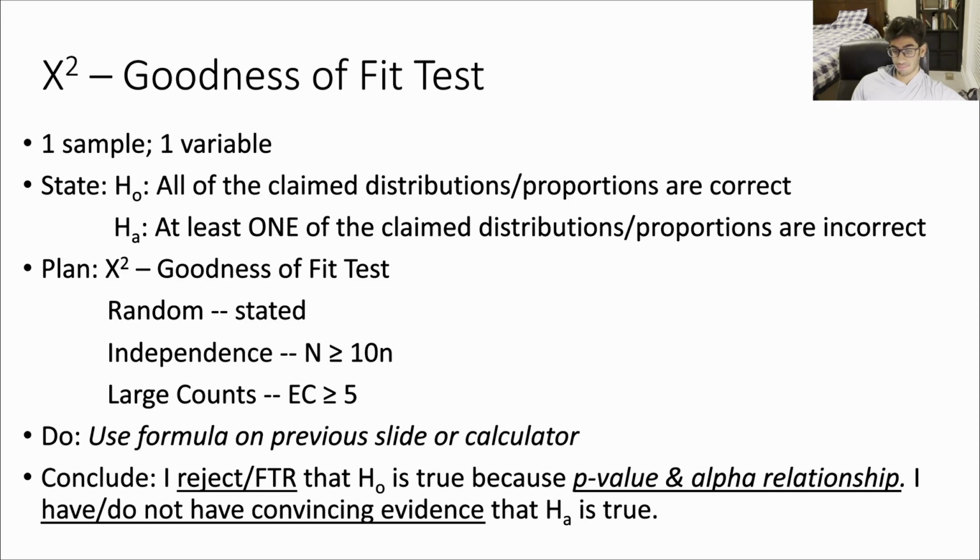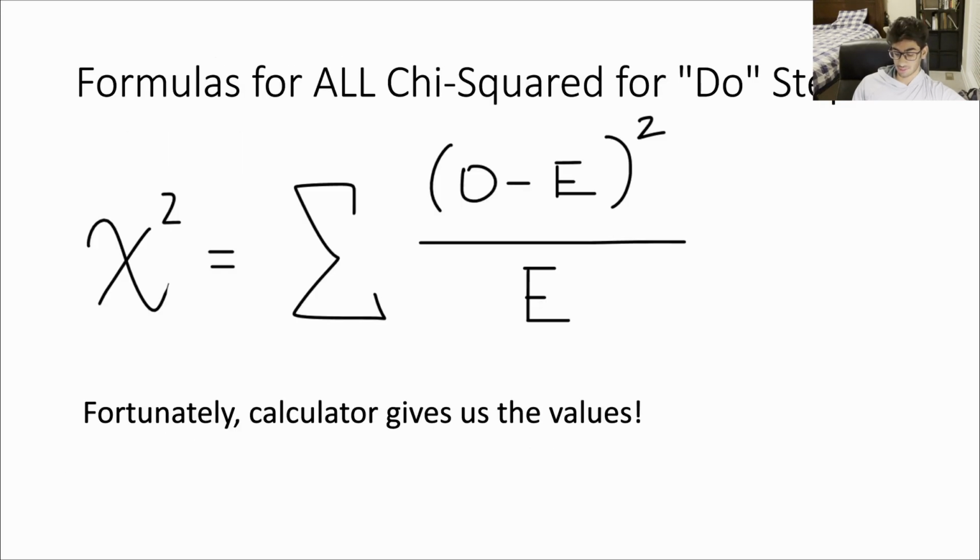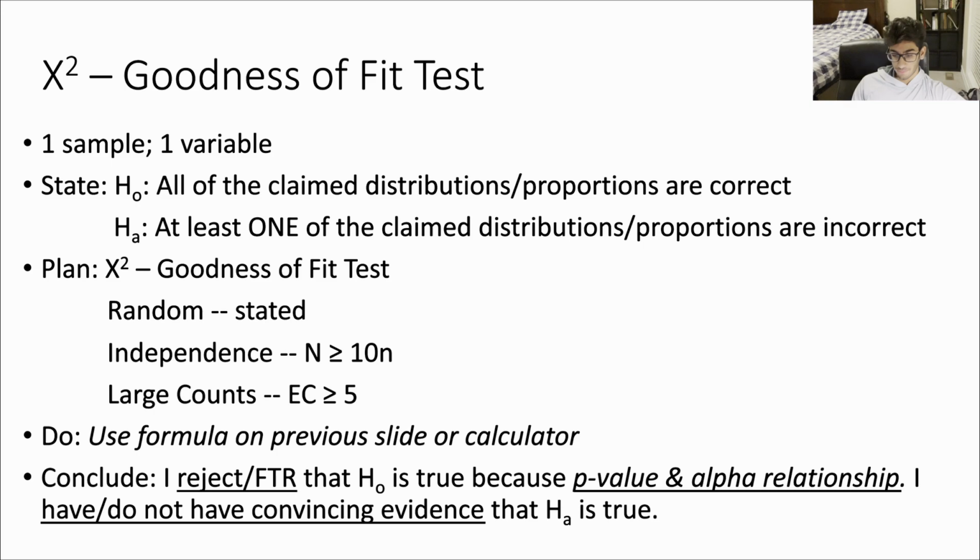Random is usually stated. Independence: n has to be greater than 10n. Large counts, that's the new one: all of your expected counts have to be greater than 5. For the do, you use this formula to find your test statistic, or use your calculator. For the conclusion, you're either rejecting the null hypothesis or not, and saying whether you have convincing evidence or not convincing evidence.